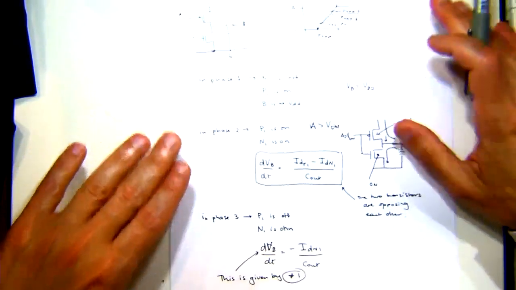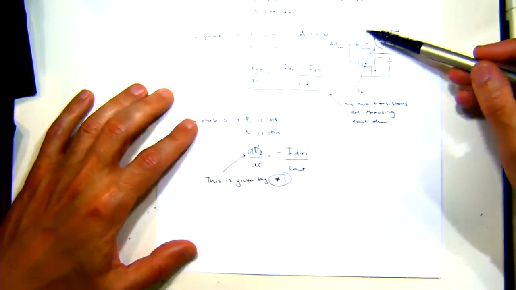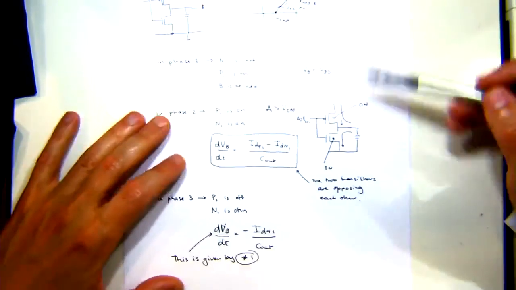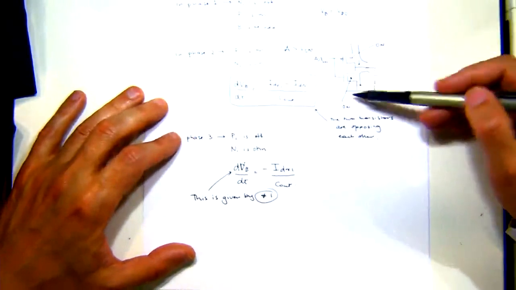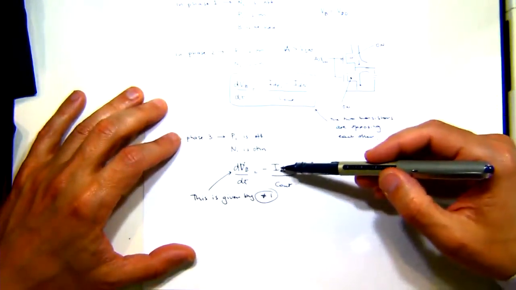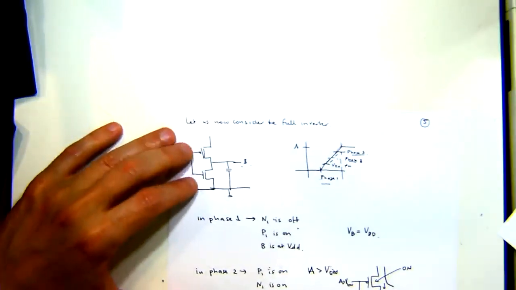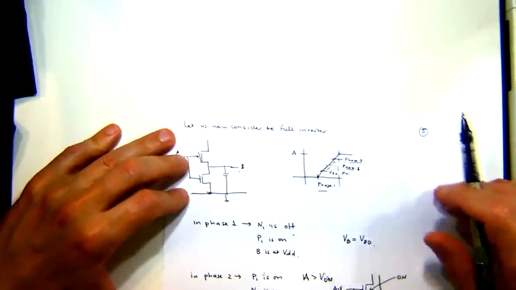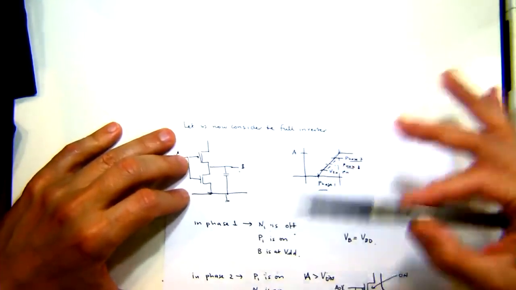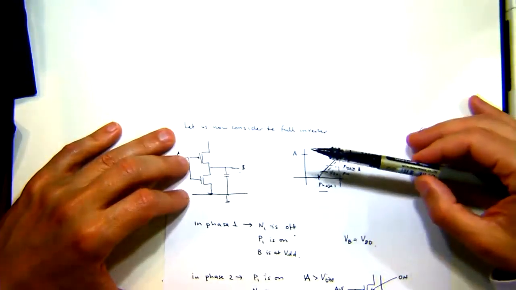Now, as the input voltage increases, the PMOS device switches off, and then we've only got the NMOS device, and that's the analysis that we were looking at previously. These are important things to realise, because it helps you understand how to optimise the circuit and the size of each of these transistors in order to get some desirable characteristics.